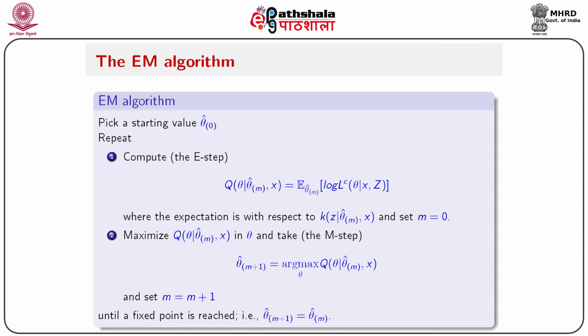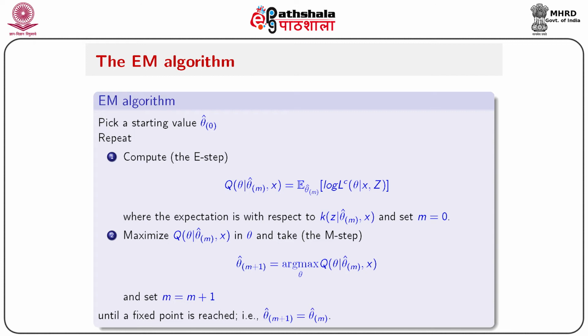I will also try to help you recall the actual EM algorithm. Pick a starting value theta hat 0, and then repeat the expectation step: Q(theta|theta hat m, x) equals the expectation, with respect to k(z|theta hat m, x), of log L^c(theta|x, z), the complete likelihood, and set m equals 0.